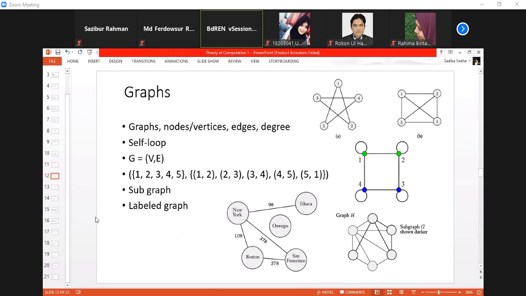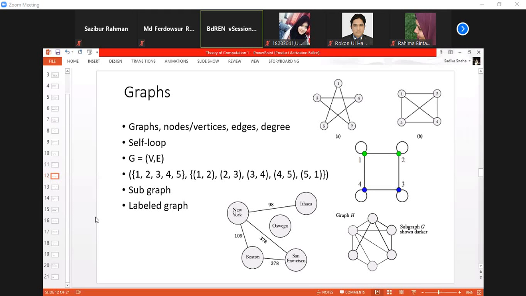So we have discussed this thing, and we had started graphs in the previous class. That is also going to be needed in this course. A graph is a set of points that are connected through some lines.